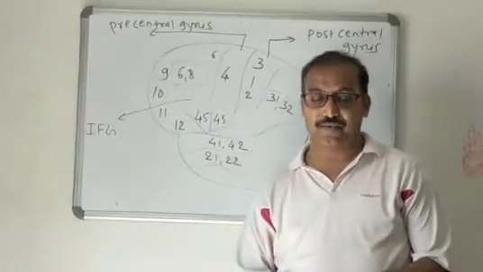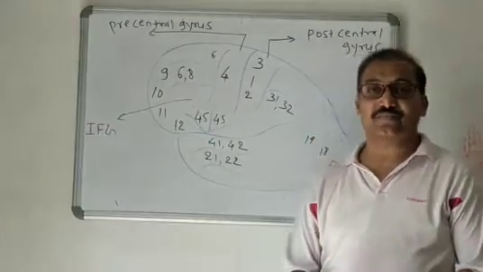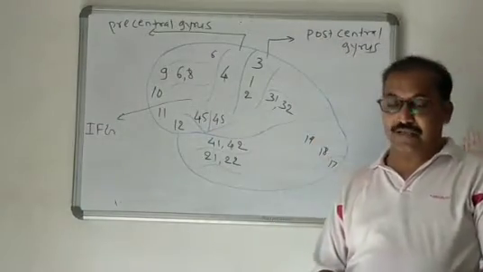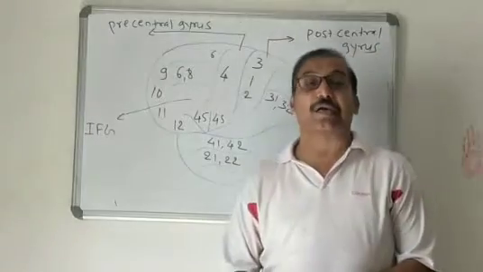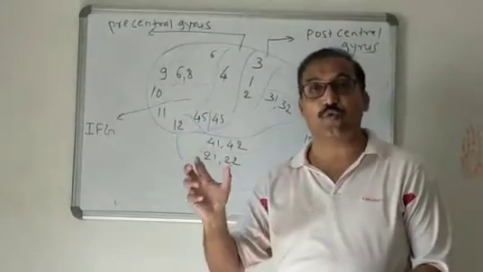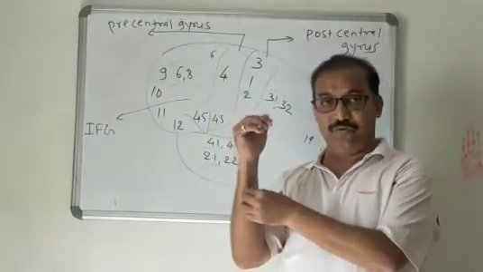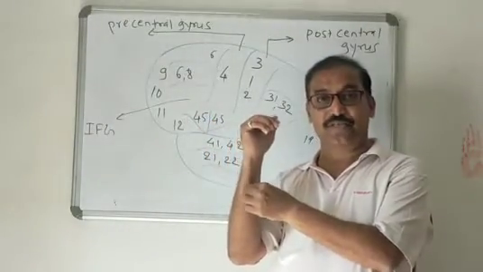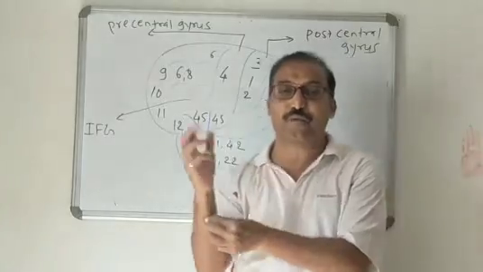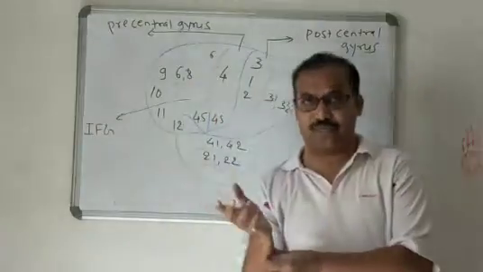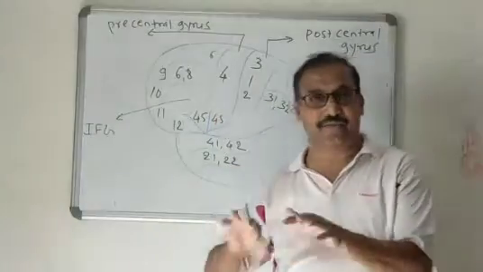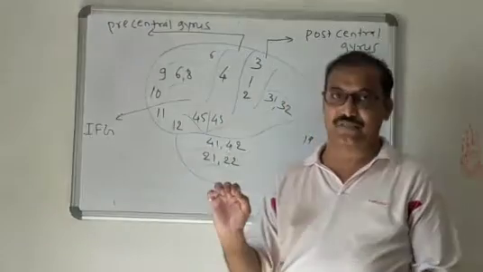Now, what does the extrapyramidal system do, or what does it control? This extrapyramidal system controls the muscle tone and fine movements of our body. The tightness that comes in our muscles is called muscle tone. And the movements happening in my muscles, these are the fine movements. Suppose I am writing or playing instruments, these are fine movements.